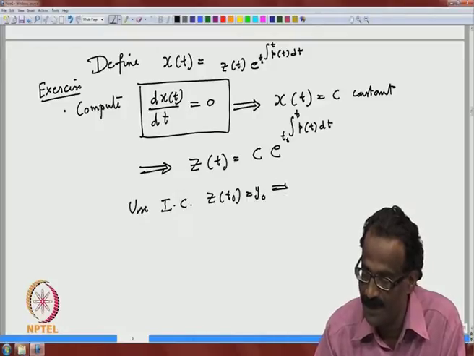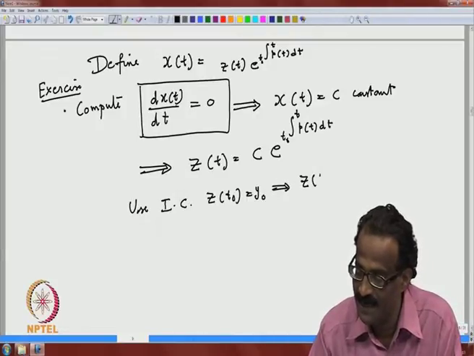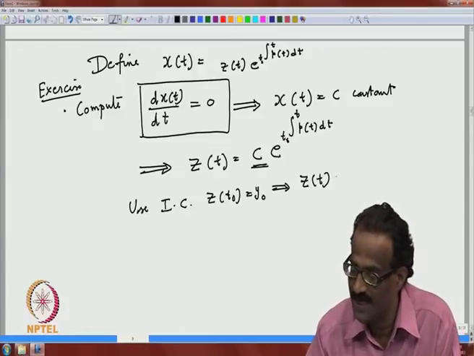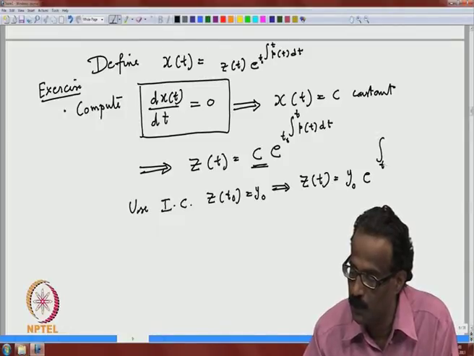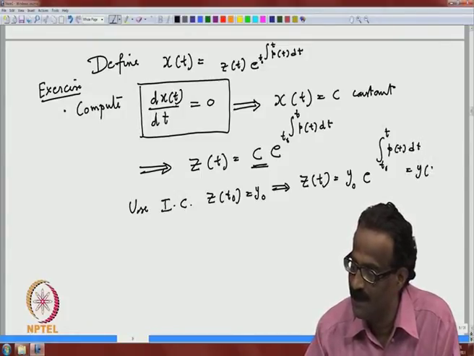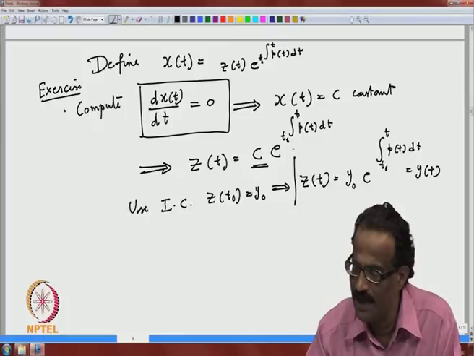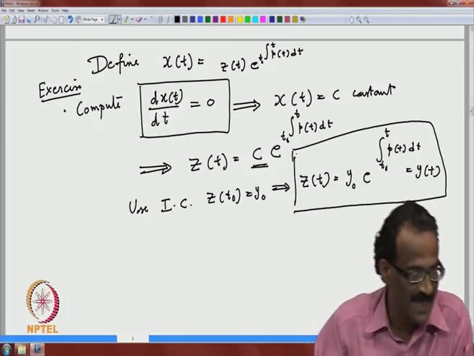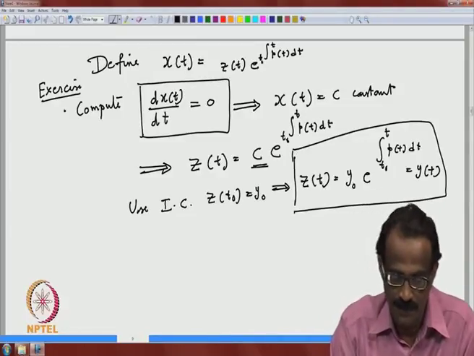That implies c is y naught, and you get z(t) is equal to y naught e power integral t naught to t of p(t) dt. You see, this is nothing but your y(t). So, very simply, you can get your existence and uniqueness directly from this equation.